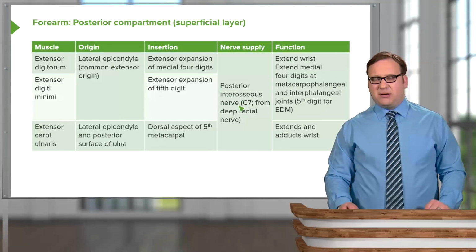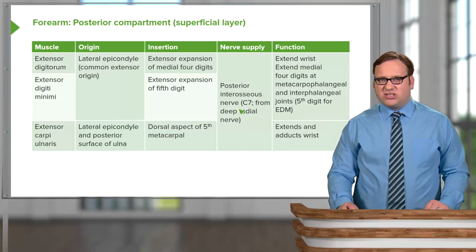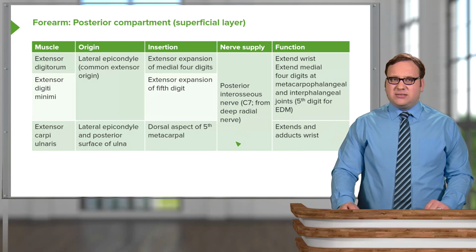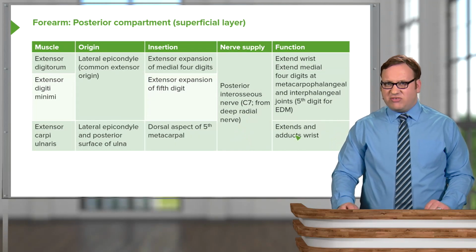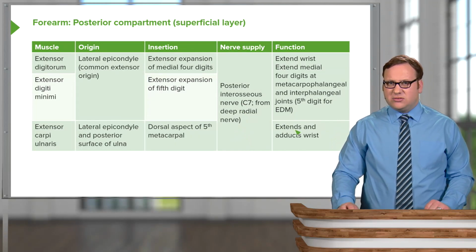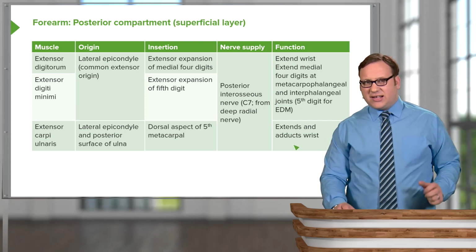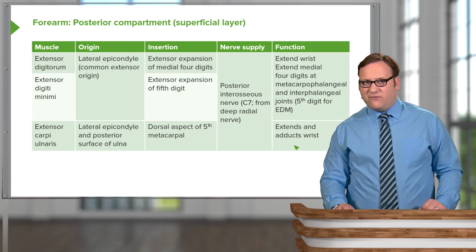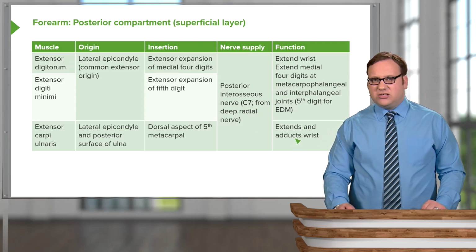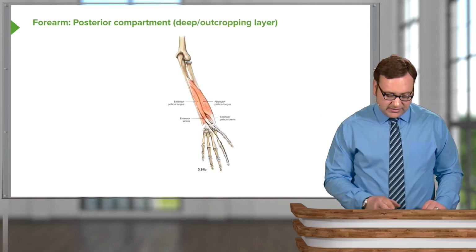And again, this is supplied by the posterior interosseous nerve. This muscle is associated with extending the wrist, just like the previous muscles. It's also associated with adducting the wrist. And extensor carpi ulnaris can work with flexor carpi ulnaris to adduct the wrist.